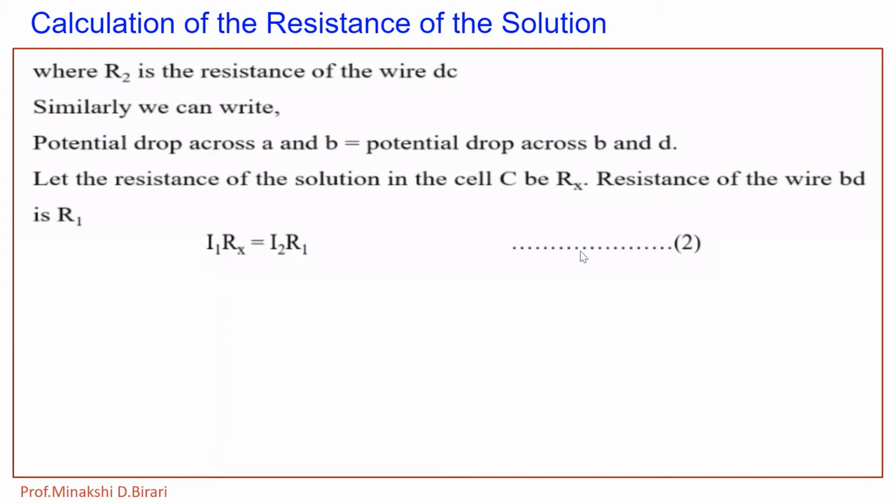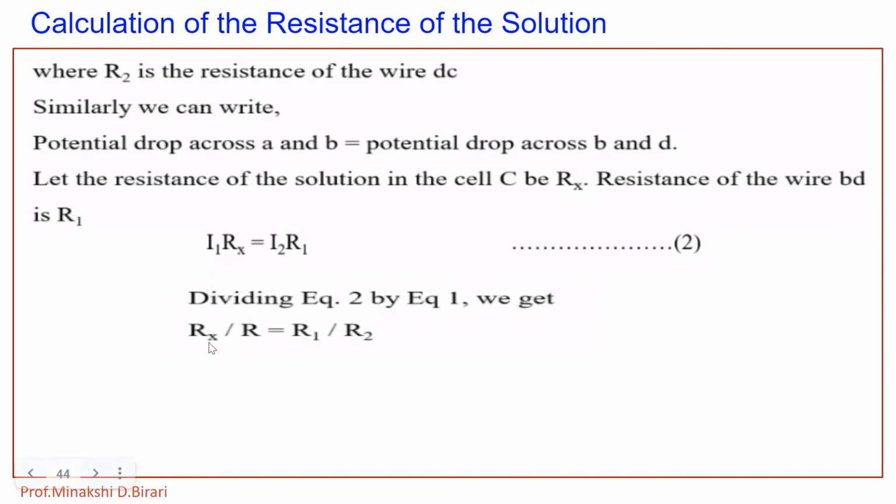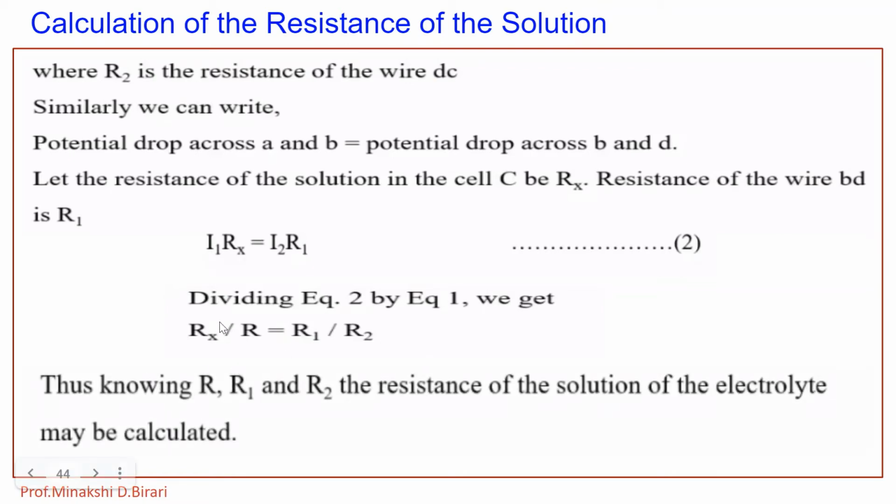So, we have the two equations. Dividing equation 2 by equation 1, we get Rx upon R is equal to R1 upon R2. Thus, by knowing R, R1 and R2, the resistance of the solution of the electrolyte may be calculated.